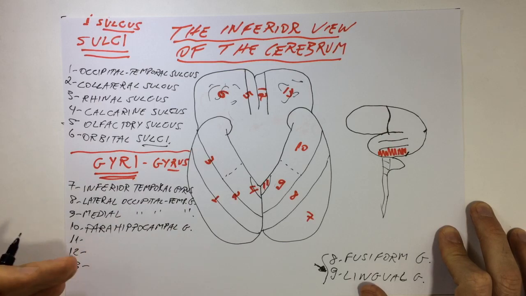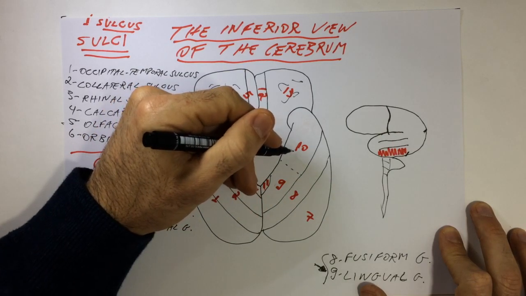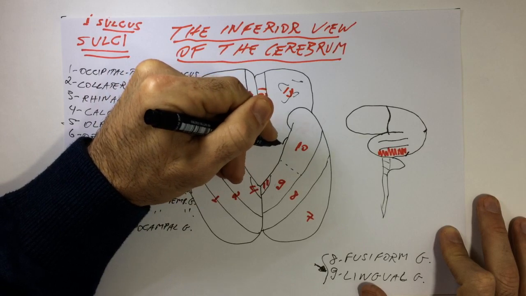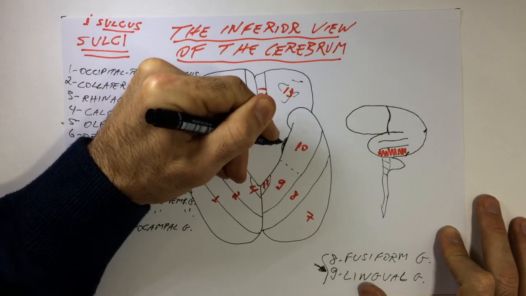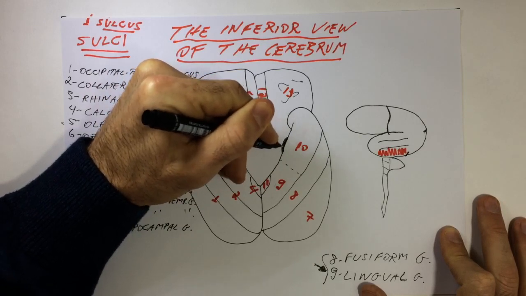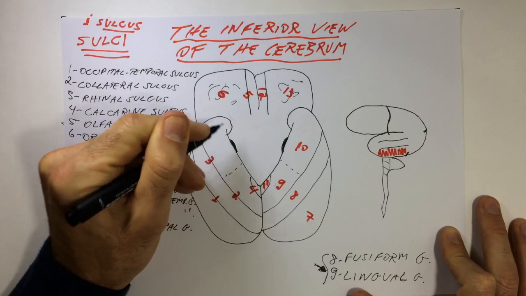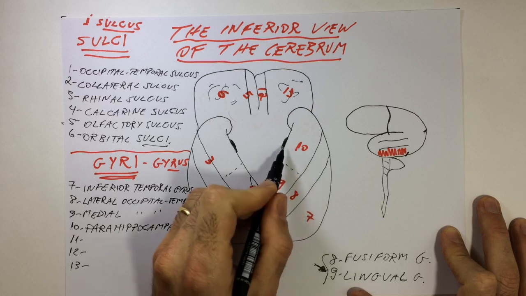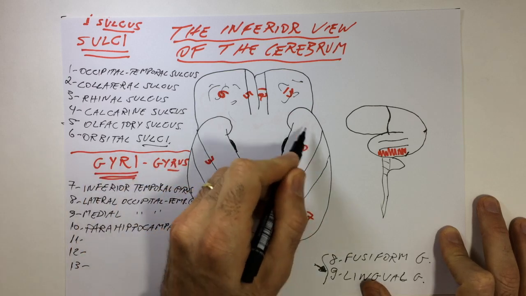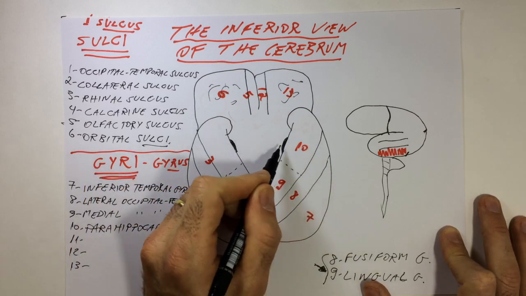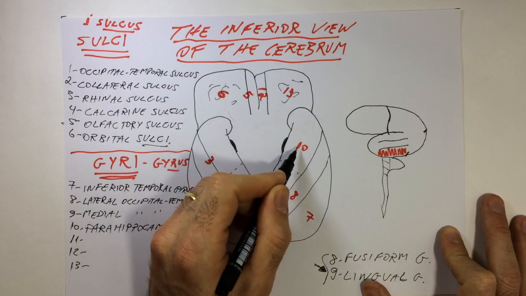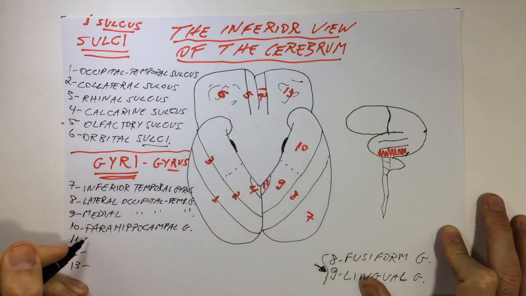And why does this structure have this name? Because here we actually can find the hippocampus. One hippocampus here and the other hippocampus around here. So it's the parahippocampal gyrus, which means that it's the gyrus that is beside the hippocampus, parahippocampal. That's why this name.